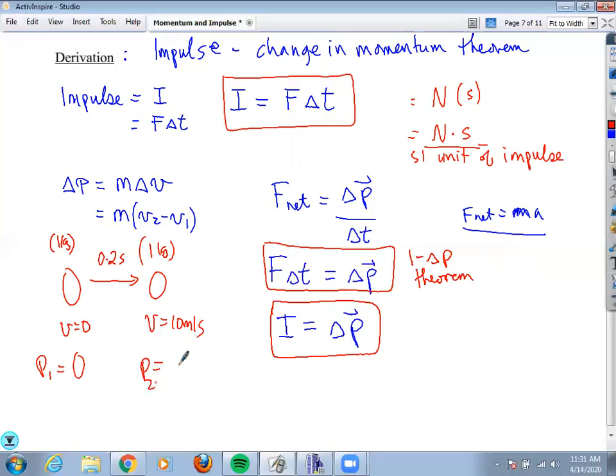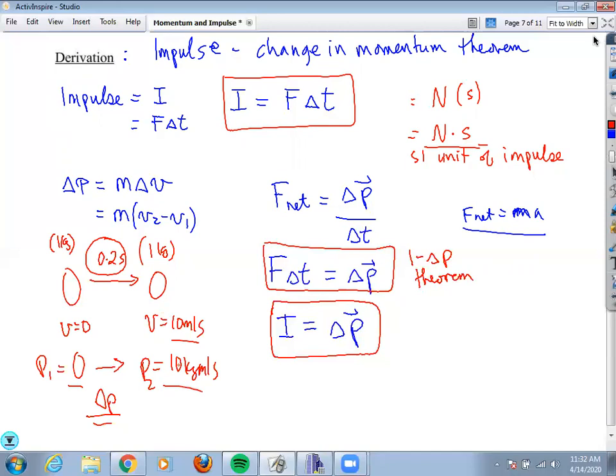Momentum 2 is 10 times 1, 10 kilogram meters per second. So clearly there was a change in momentum. It went from 0 at rest to moving because you kicked it. You applied a force over a period of time. The amount of impulse you applied caused the momentum to change. If you kick the ball harder, maybe it's moving at 11 meters per second, and then it would be a final momentum of 11 kilogram meters per second.